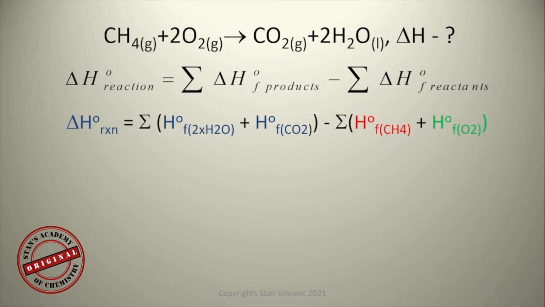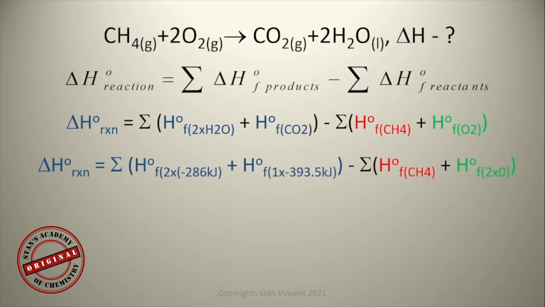Delta H0 reaction is equal to the sum of the enthalpy of the products, which is water and carbon dioxide. So we have 2 moles of water, so 2 into H2O plus 1 mole of carbon dioxide, minus the reactants. The delta H0F for methane is not known, that's the unknown quantity. And delta H0F of oxygen is always 0 because it's an element.